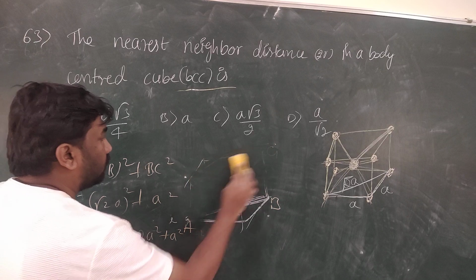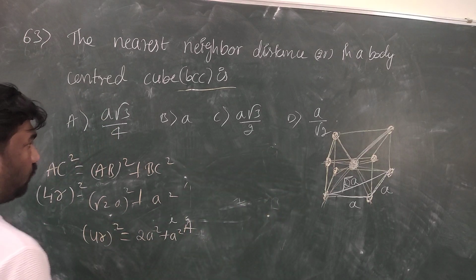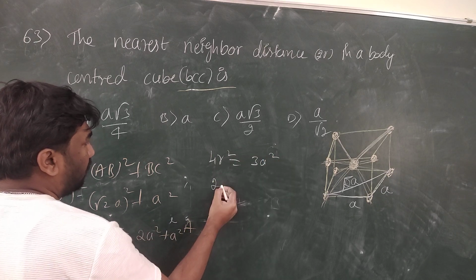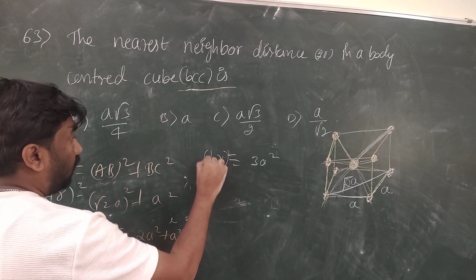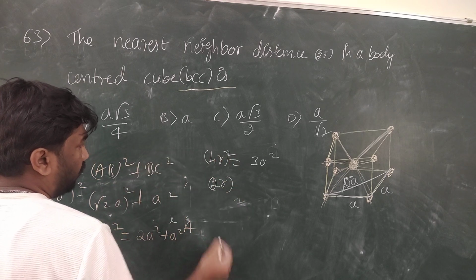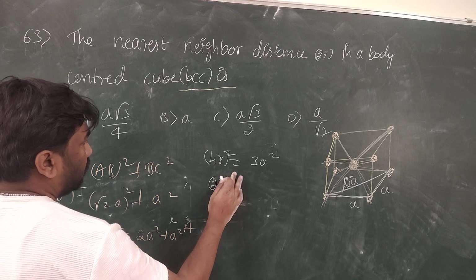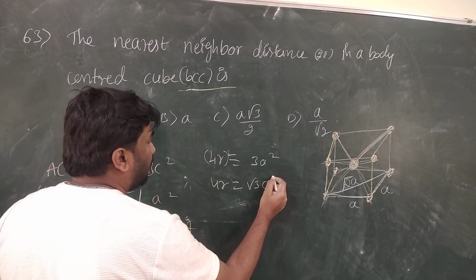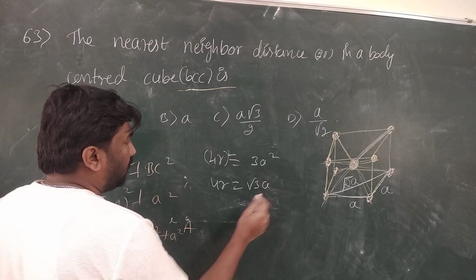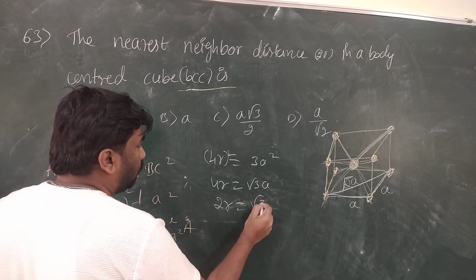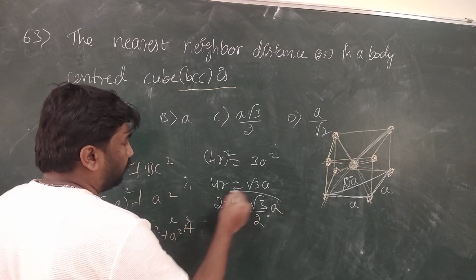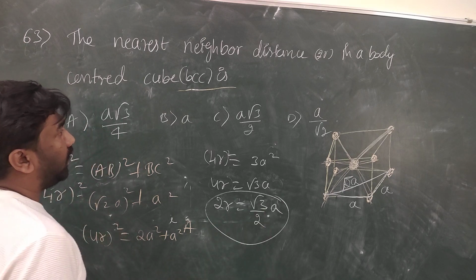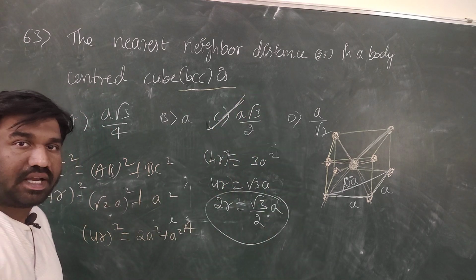So 4R is equal to root 3 a, and 4 can be written as 2 into 2, therefore 2R is equal to root 3 by 2 into a. Option C is correct.